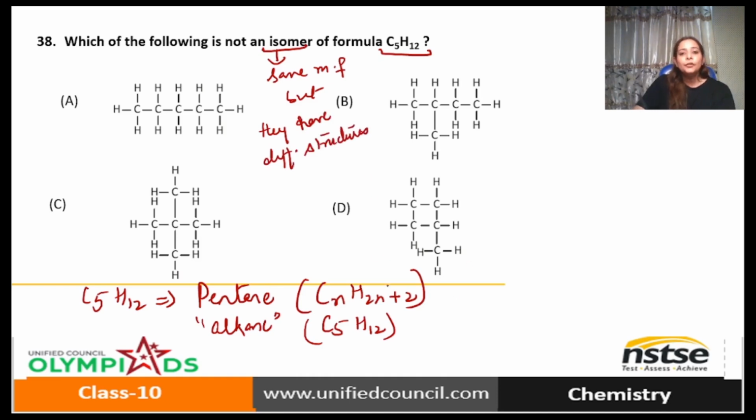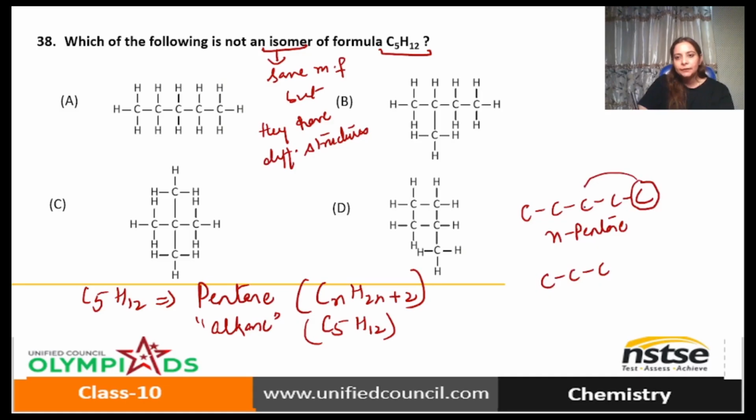If you draw isomers of pentane, these are basically chain isomers. One is where you draw a straight chain of 5 carbons. This is called normal pentane. Now you can make a little branch by moving this carbon to this place, and it becomes isopentane. Now we can compress it more, moving this to this place, so it will be something like this.